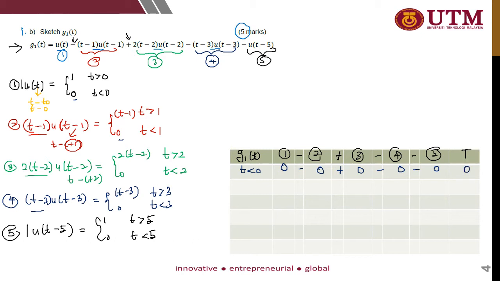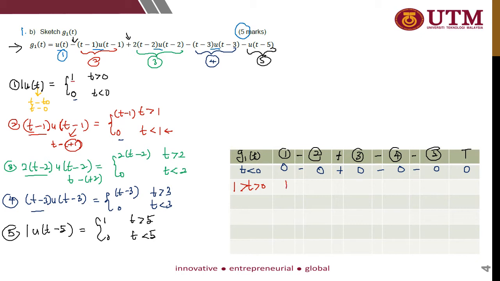And now let's increase the range. Before this it was t less than 0. Now it will be t larger than 0, but less than the next range, which is 1. So what happened to the first component? If t is now larger than 0, the magnitude becomes 1. How about the second component?